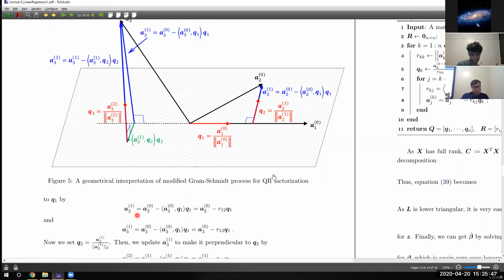We update it to be a2 minus the inner product of a20, which is the original one, with q1, times q1. In other words, this one is the shadow. So what I did here is that I set a21 to be this one. And then I use q2 equal to a21 over a21 norm.